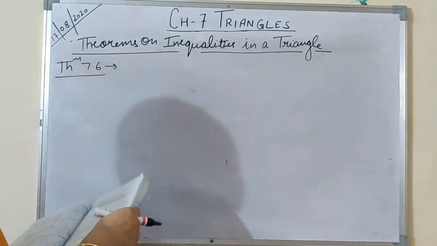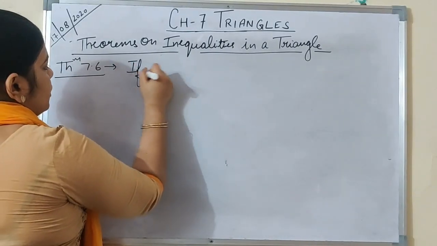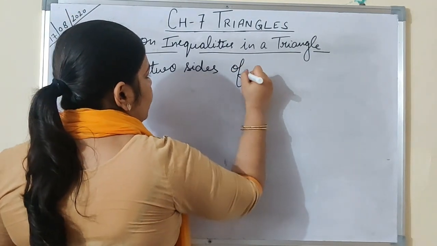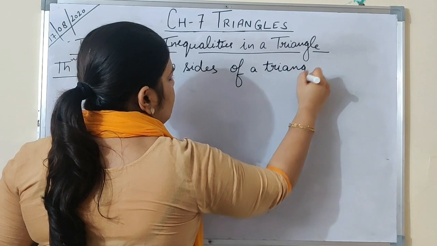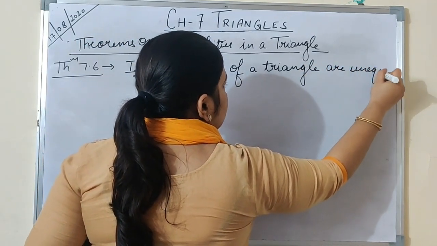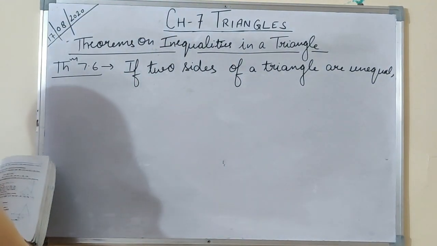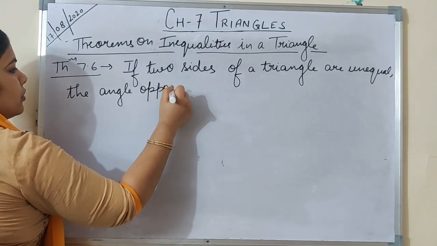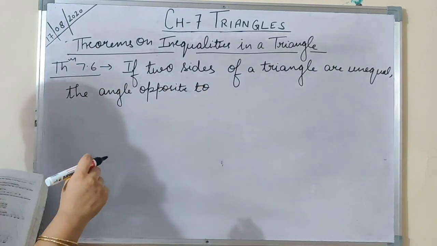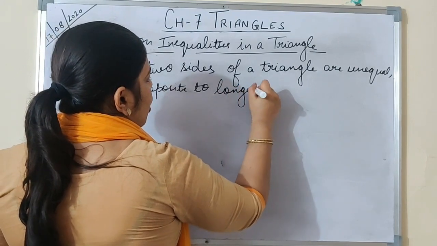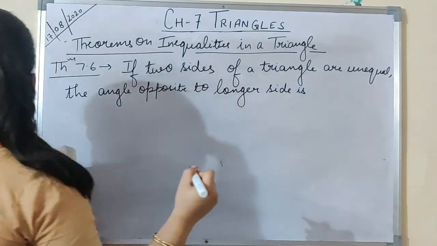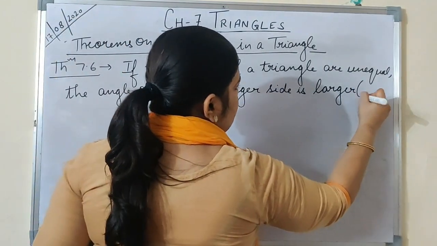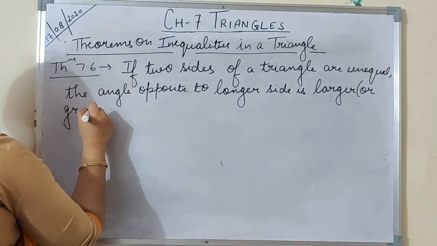It says that if two sides of a triangle are unequal, then the angle opposite to the longer side is larger, or greater.